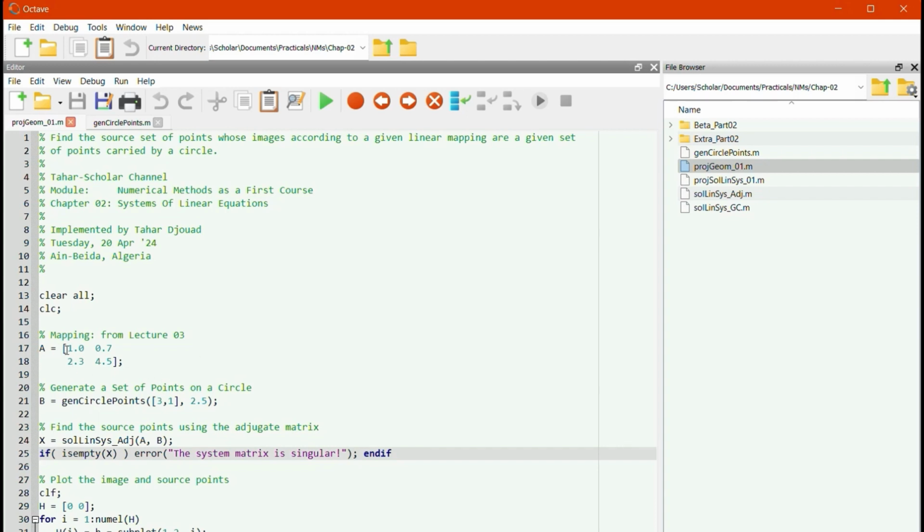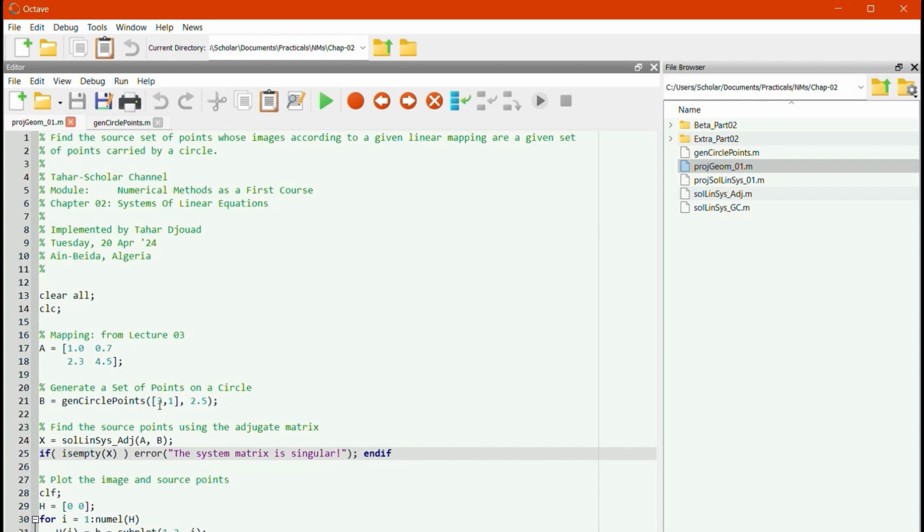Then we generate the points on the circle, since we need not just the mapping. So we call genCirclePoints, with the same inputs as in the previous example. You can change them, of course; you choose what you want. You can change the matrix also here, but it must be invertible, and you can play with the input.